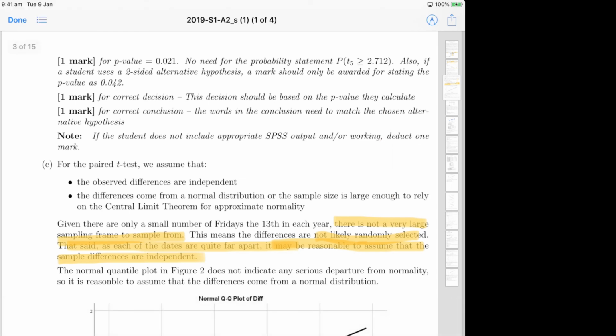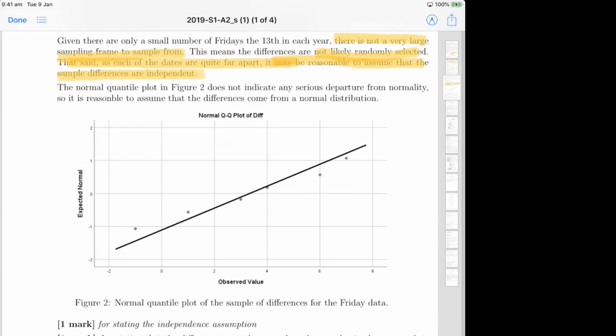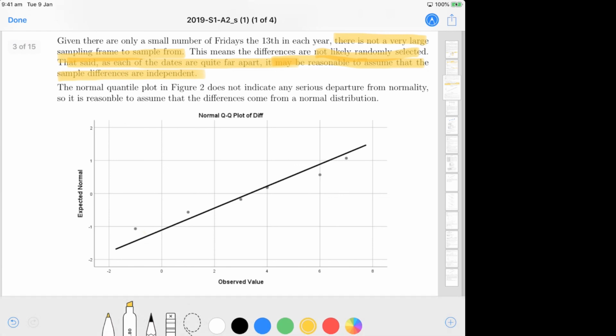What we do is plot the normal QQ plot. If we do that, we will get such a diagram. These are the differences between the 6 groups, and they lie around this straight line. Most of them are close to this line, so it's reasonable to assume that the differences come from a normal distribution.